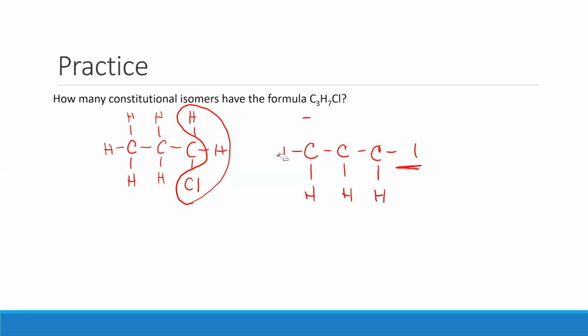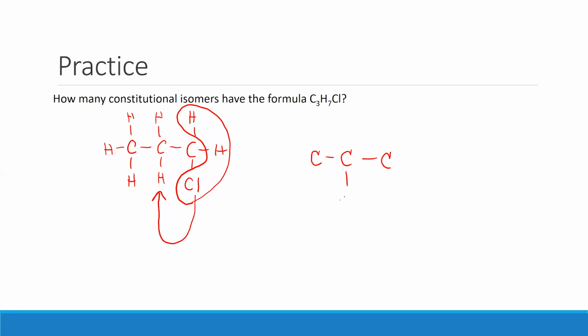Now, if we change the actual position of the chlorine, we will get an isomer. So let's try shifting the chlorine to the carbon in the middle. That structure would look like this. We have our three carbons. And now we've put a chlorine on the middle carbon. I'm going to put my hydrogens back.